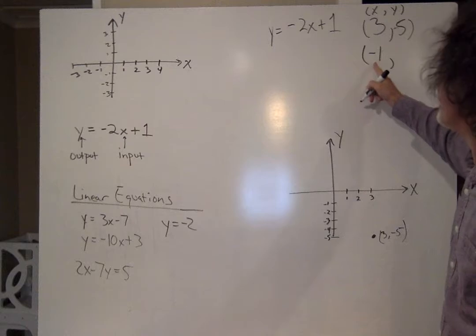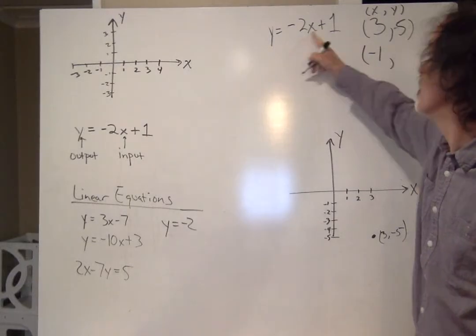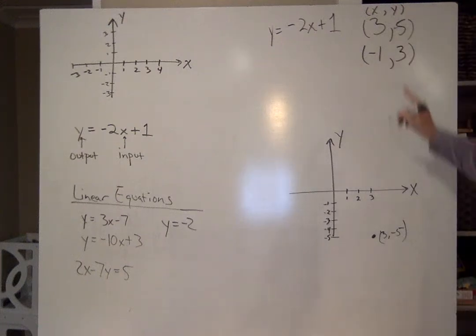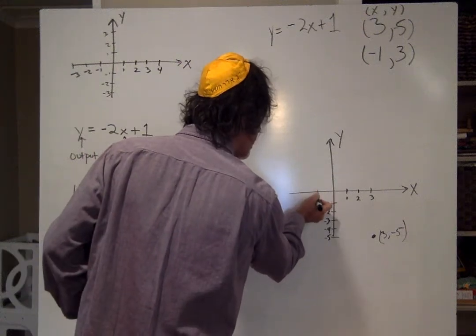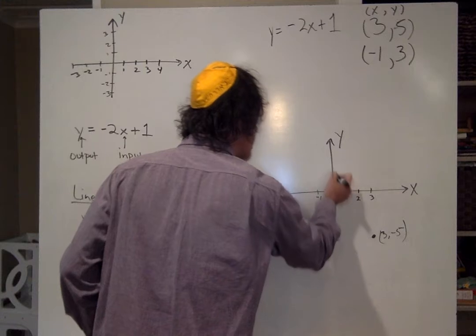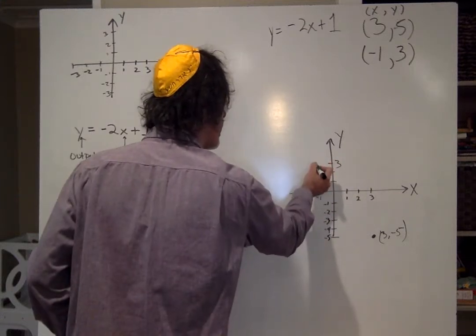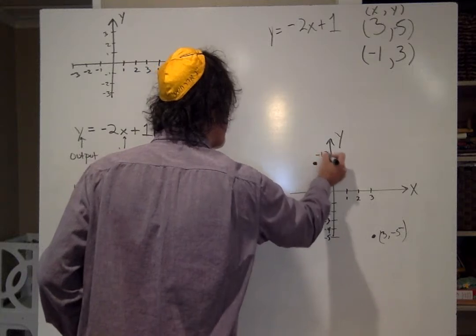Yes, right? -1 times -2 is +2, plus 1 is 3. So I've got the point -1 on x here, 3 on y, that's up 3, 1, 2, 3. Here's the point -1 comma 3.